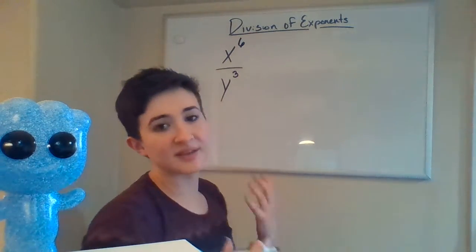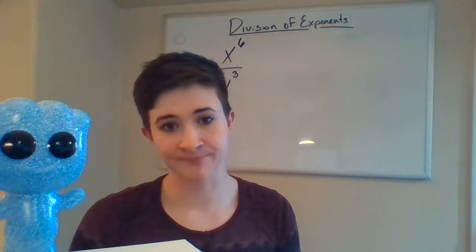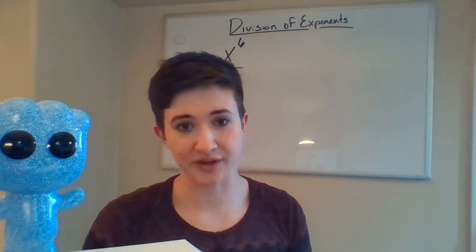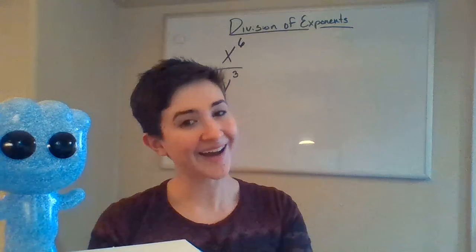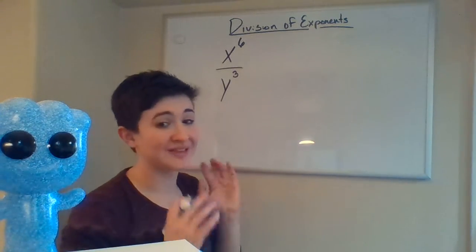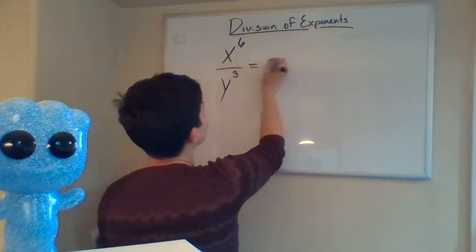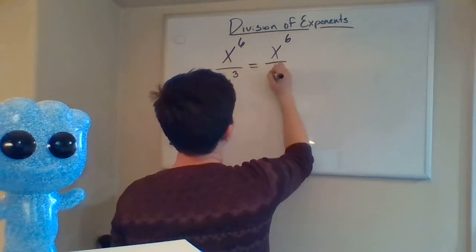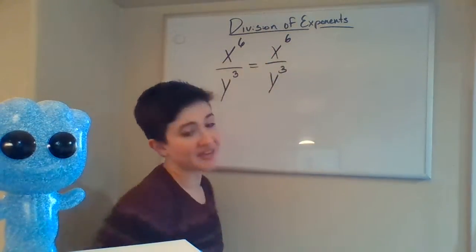Now, do I have the same bases? If you said no, you were correct. I don't have the same bases, which means I literally can't do anything. So this ends up being x to the 6th power over y to the 3rd, and nothing can be done from there.